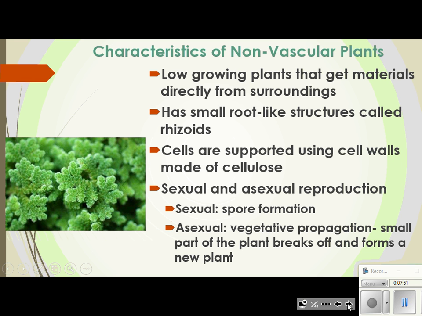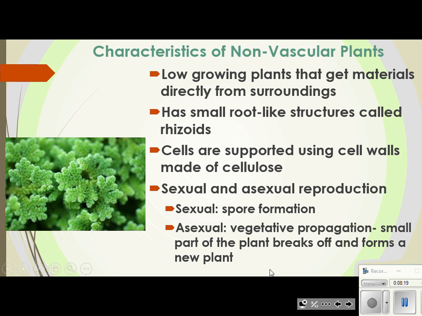If I put it in an area that had the right conditions, remember it needs to be low to the ground so it can get its materials, right? So yeah, I could do that. That's what this whole vegetative propagation is: breaking off a small part of the plant and replanting it.